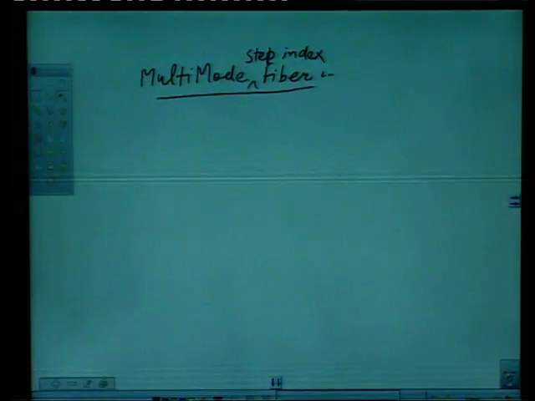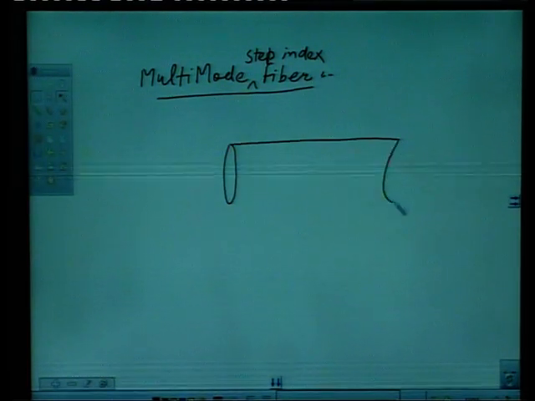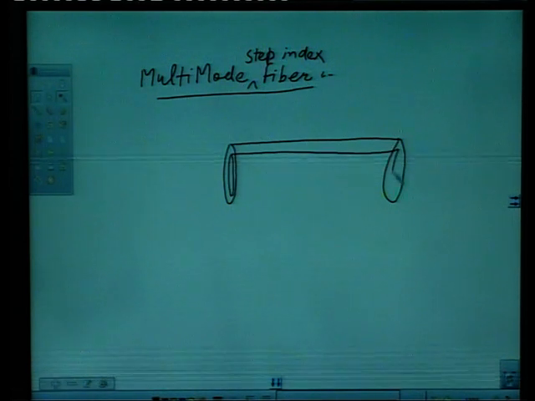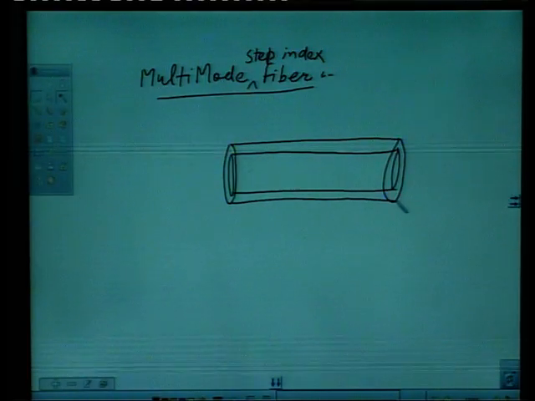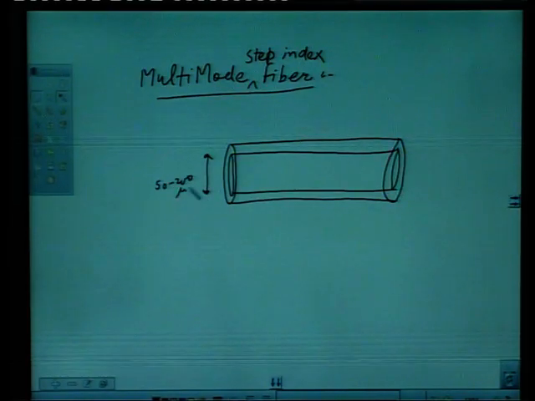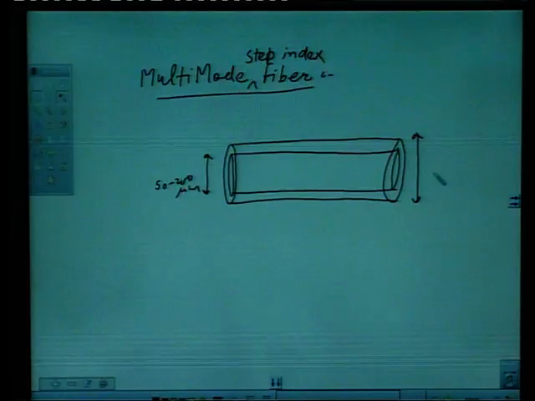So in this fiber the diameter of the core is very large. It can range from 50 to 200 micrometer, and the diameter of the cladding is from 125 to 400 micrometer.